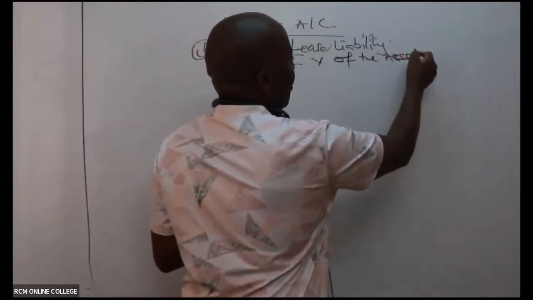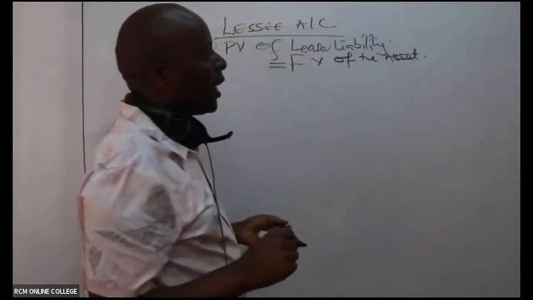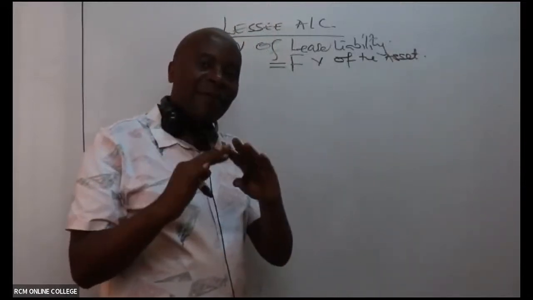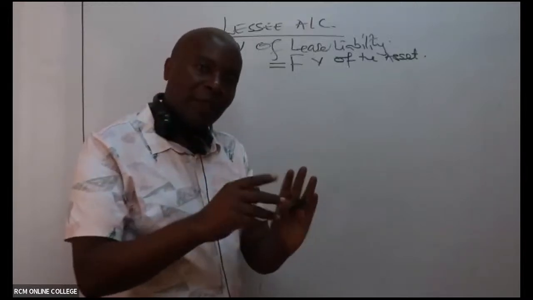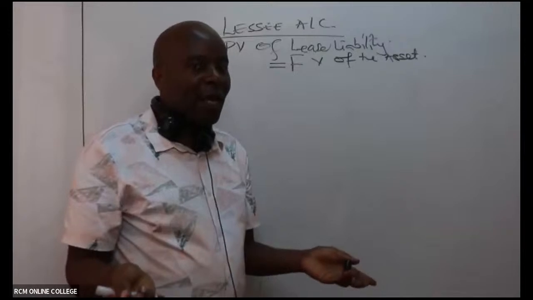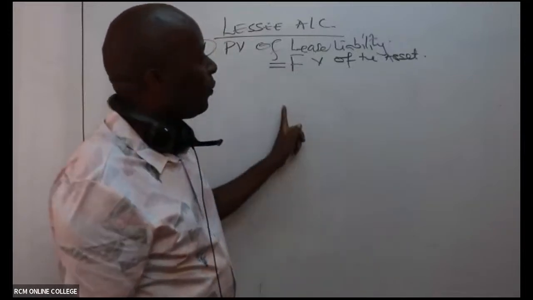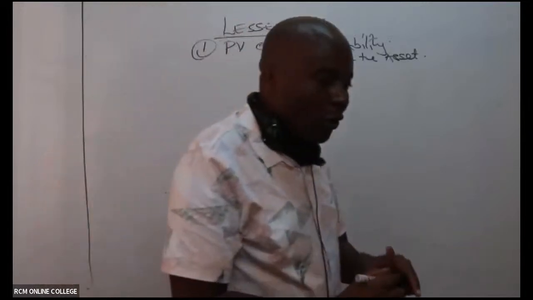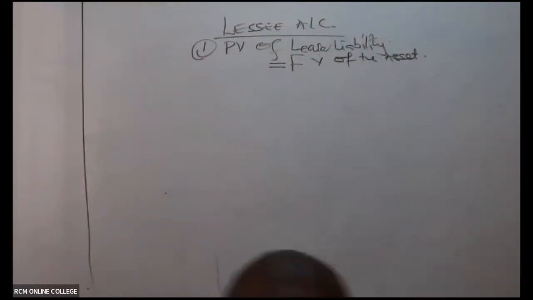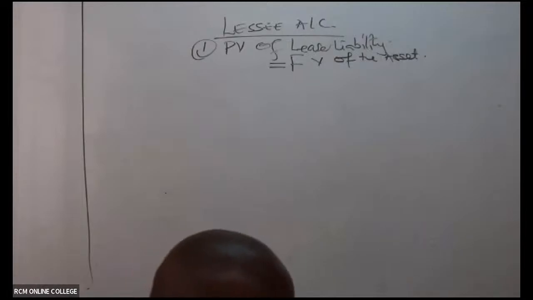At the end of the day, whatever I'm paying should be equivalent to the market value. So whenever you see the fair value of the asset, this will be the same as your present value of lease liability. Please listen. This is a question that we should be able to understand, all of us.